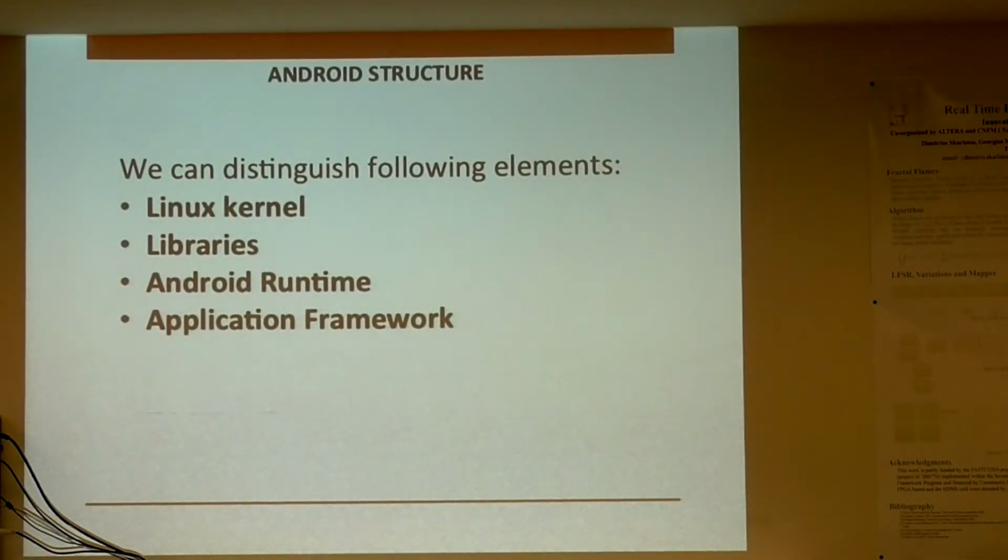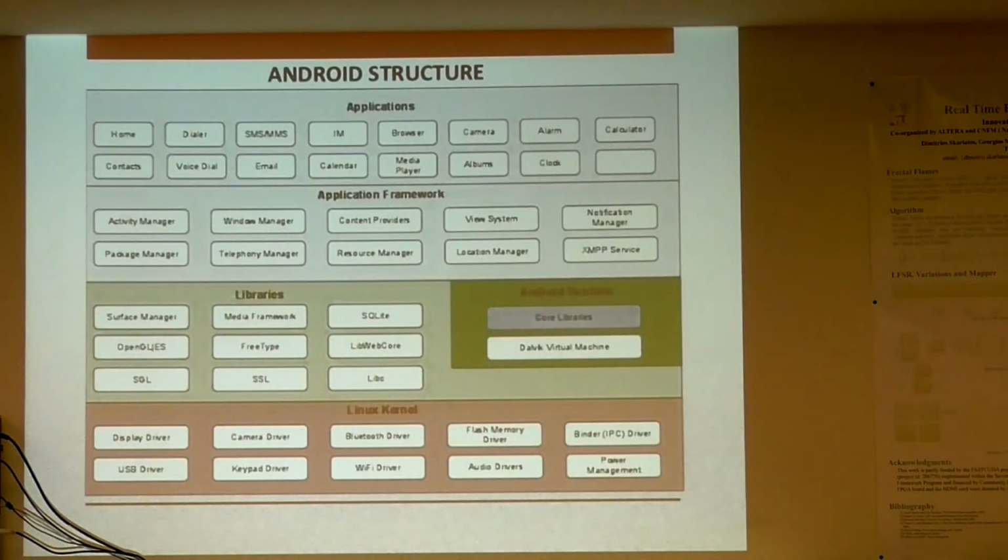Generally, we can distinguish four elements: the Linux kernel, a set of libraries for Linux, the Android runtime, so the Java virtual machine, and the framework with some extras. This is just a structure of this.